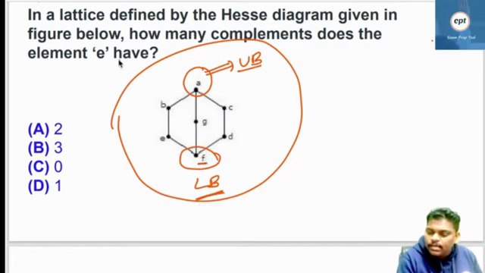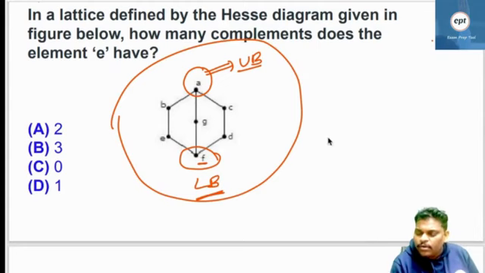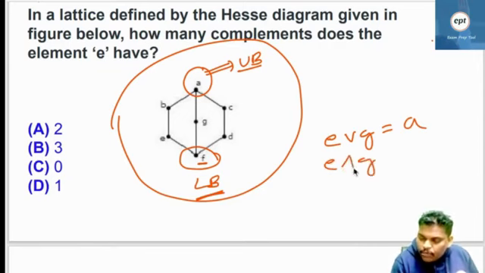Now he is asking for the complement of E. Can you help me now? E and G: what is the answer? LUB of E and G, where are they meeting above? A, the upper bound. E and G meeting below, where?